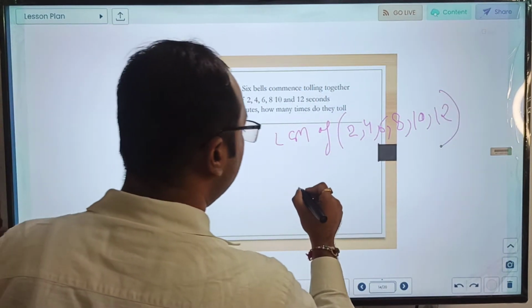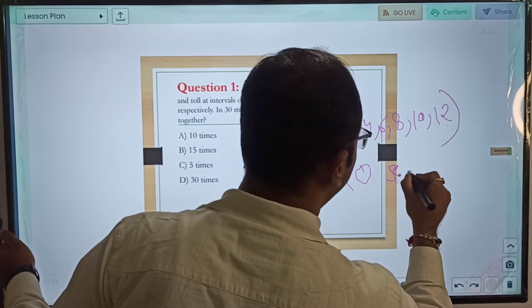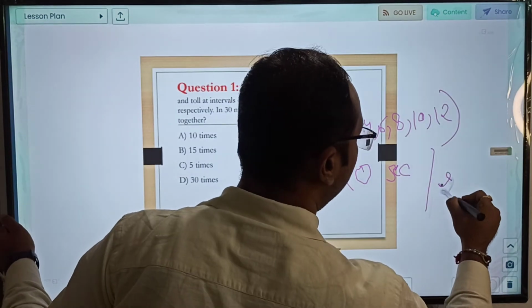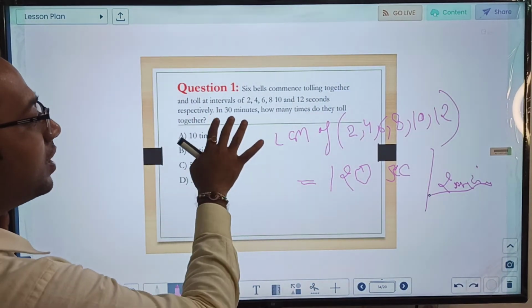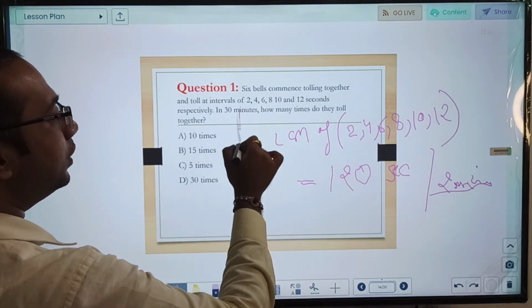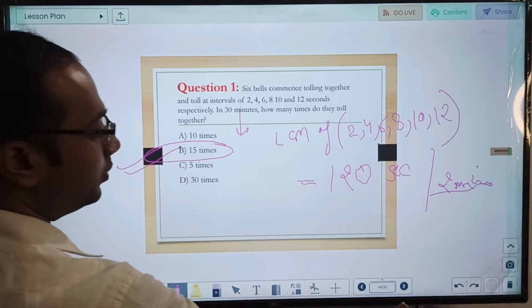When we compute this, the LCM of these numbers comes out to be 180. This is in seconds, as these timings were in seconds. So 180 seconds is 3 minutes. So in 3 minutes they will toll together again. The question is asking in 30 minutes how many times. So every 3 minutes they are tolling together again. So in 30 minutes they will toll together 10 times. So 10 times is our answer.